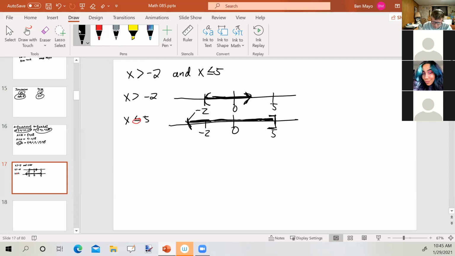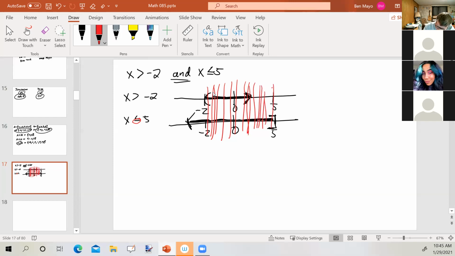All right. Now, but I want the intersection. So I want what they have in common. Well, let's see. These are in common, aren't they? This goes all the way out to, but stops at -2, and this goes up and includes +5.